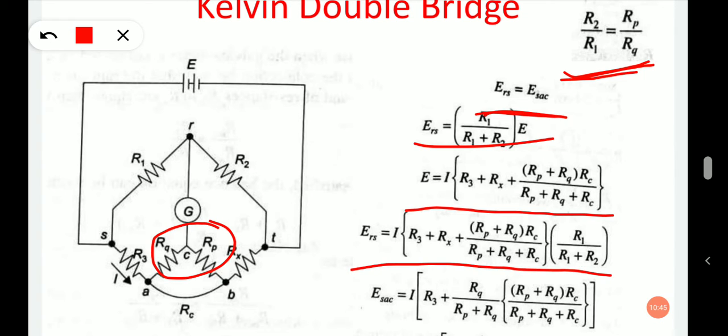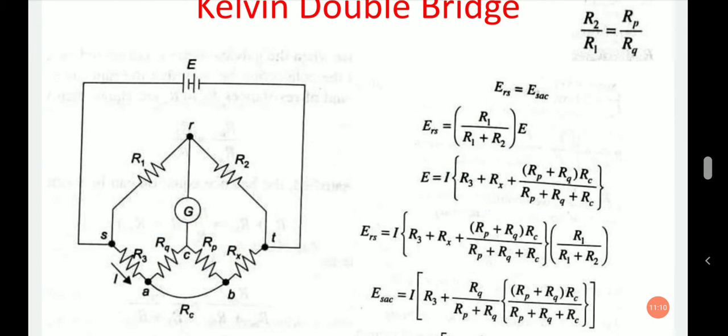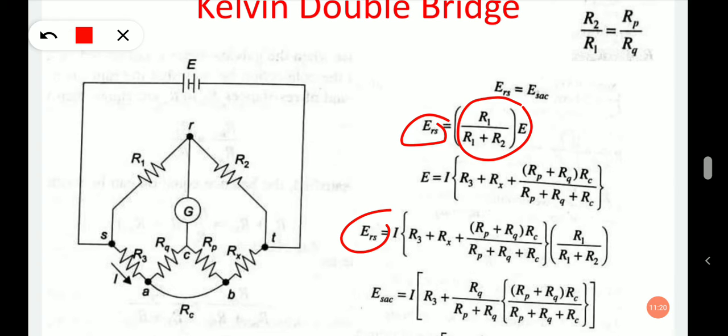So ERS equals I in bracket, so here just this term instead of E, this whole term is substituted. So instead of E, ERS is written and this term is multiplied on this side.